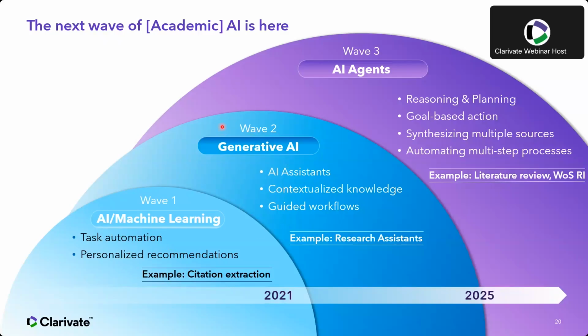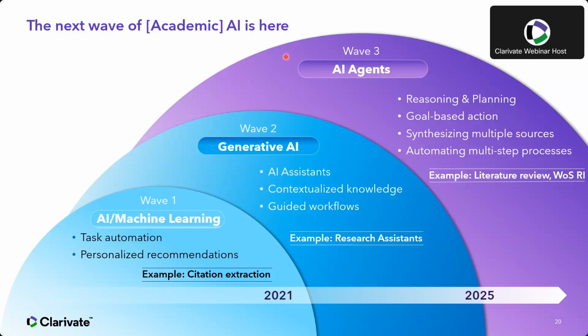But then we had the second wave, which was the generative AI. So that's where you've seen a lot of AI assistants. In the Web of Science, it's called the Web of Science Research Assistant, using contextualized knowledge and using guided workflows. So an example is the research assistant that you find a little bit everywhere, like in the Web of Science.